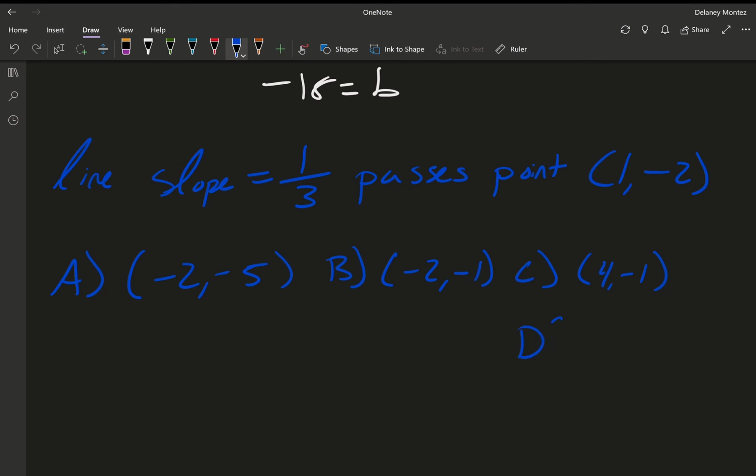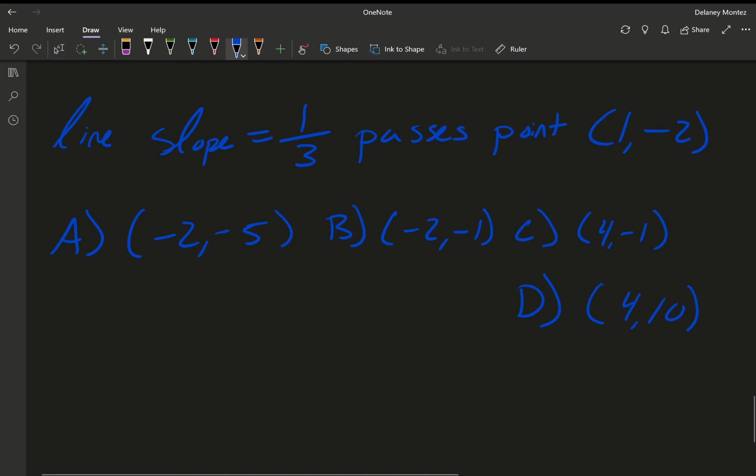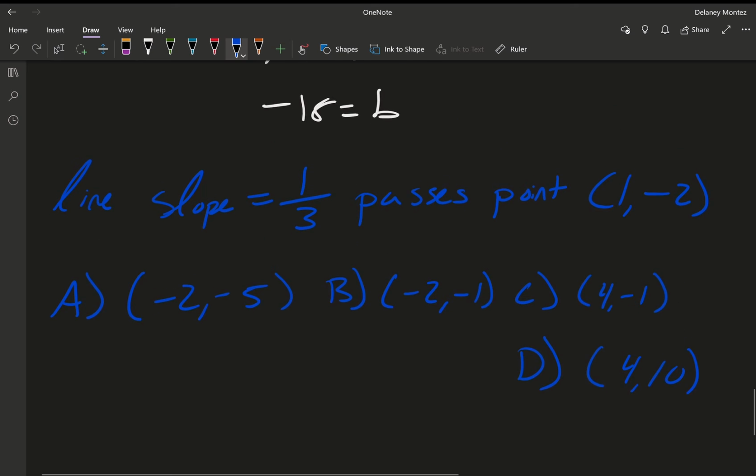D is 4, 10. Right? So you have a line that has a slope of 1/3 and it passes through the point 1, negative 2.